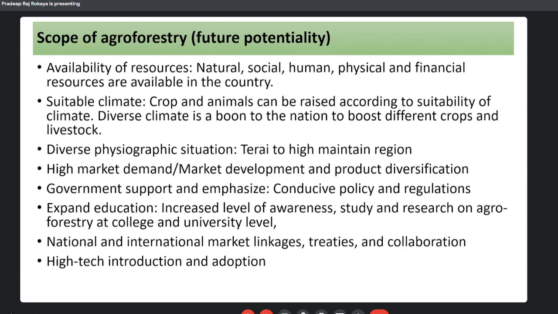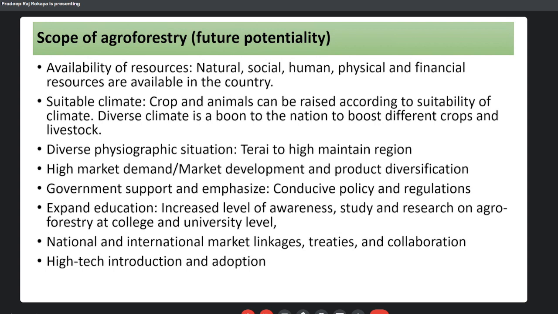In the last 10 years, different universities and colleges have developed their curricula and started teaching at various levels, in UG and PG levels.